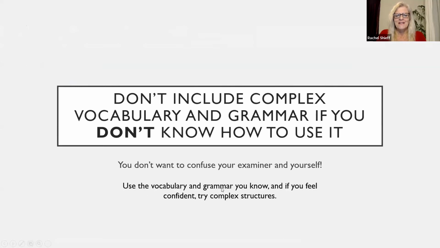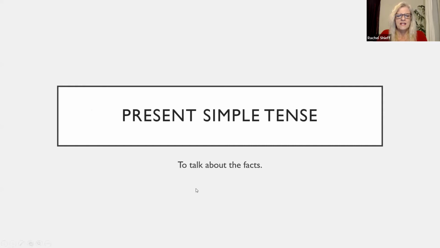Use the vocabulary and grammar you know, and if you feel confident, then try complex structures. You might even be able to get a higher ICAO test score if you are able to use those complex structures correctly. So today we're going to look at the present simple tense to talk about the facts.